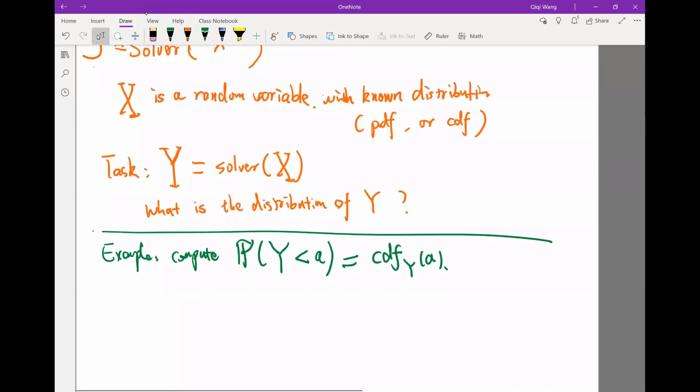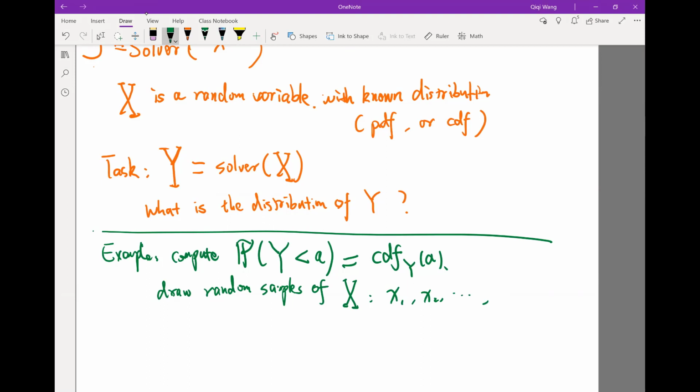What I'm going to do is draw random samples of x. For example, I'm going to be drawing x1, x2, etc. to xn. I'm drawing a big N number of samples.